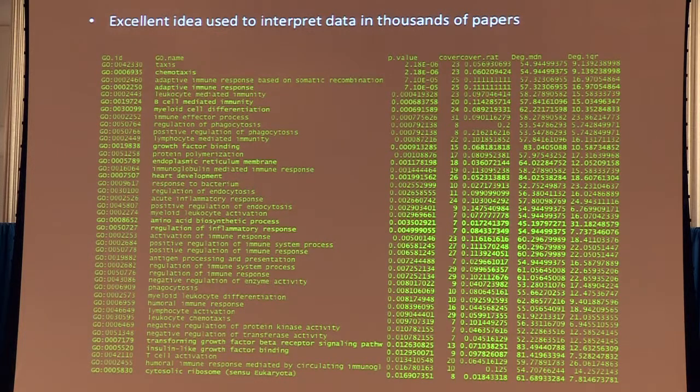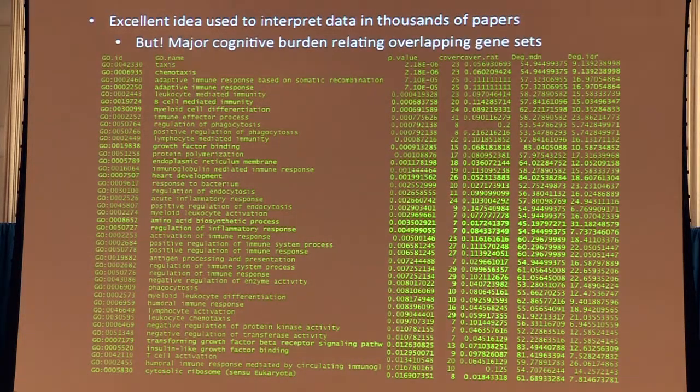So finding the major themes, the major pathways or processes that are affected in the experiment can sometimes be problematic or more difficult when you are faced with these big lists. There's a lot of overlap, and there's a burden in trying to figure out all this overlap.